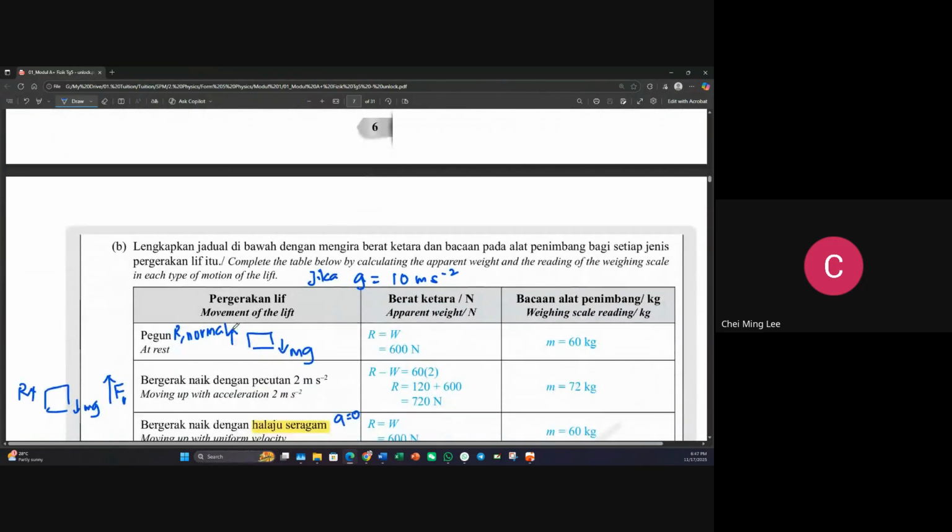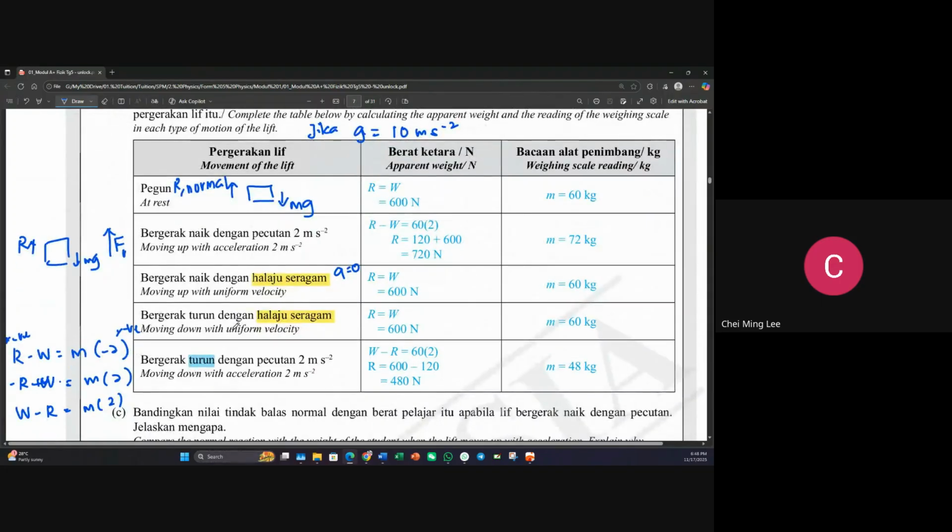Now, next. Complete the table below by calculating the apparent weight and the reading of the weighing scale in each type of motion. When at rest, R is equal to W, so R is 600 Newton, and the weighing scale reading will be 60.